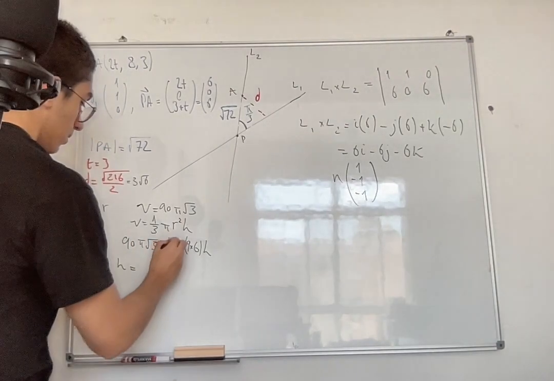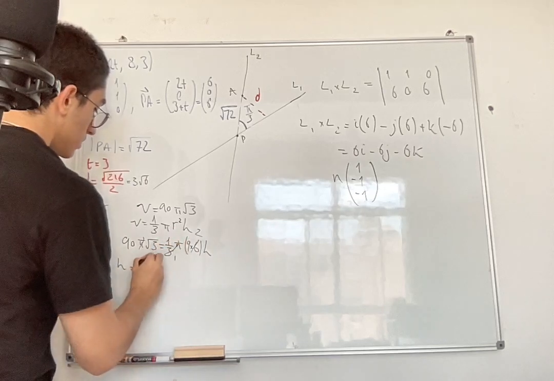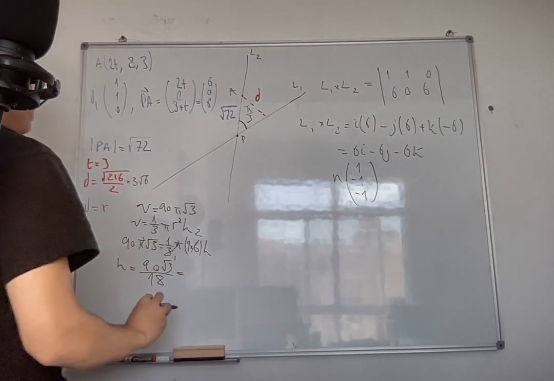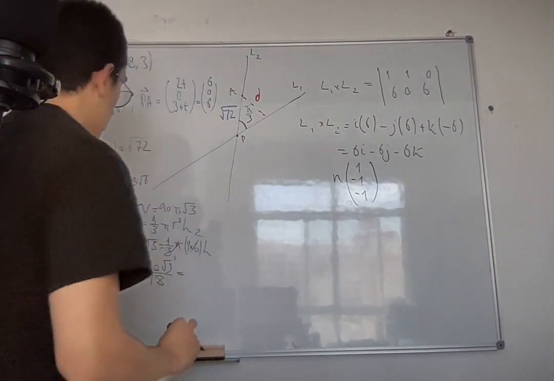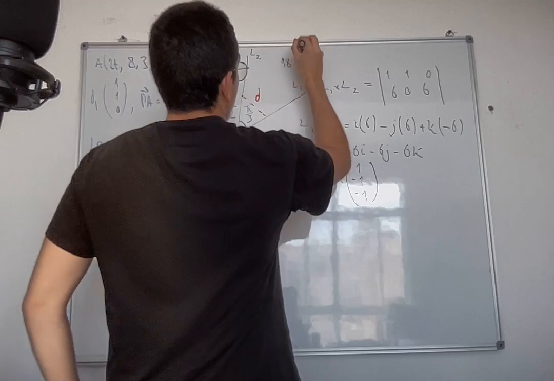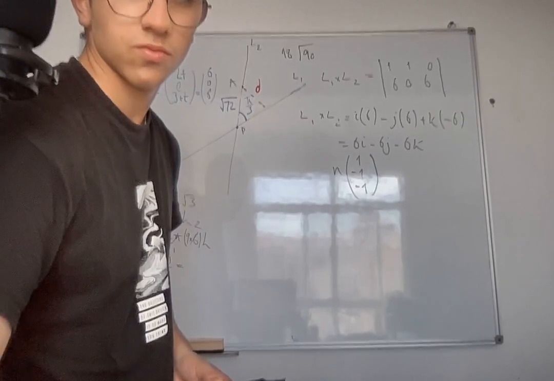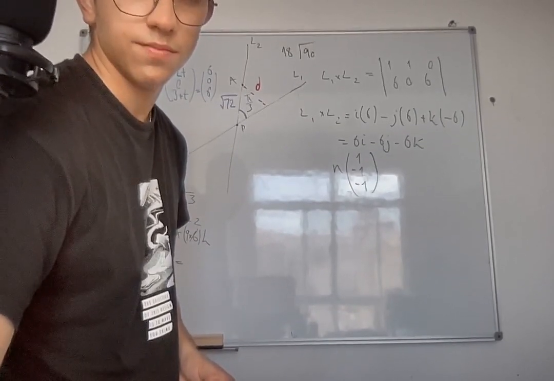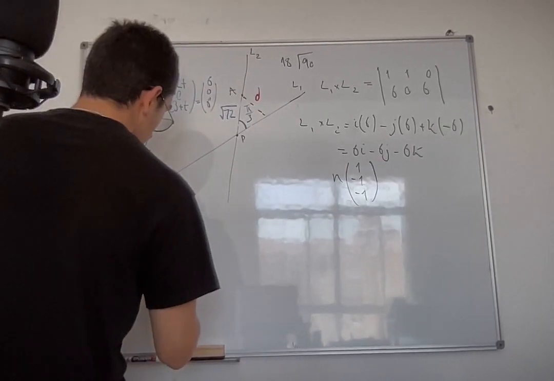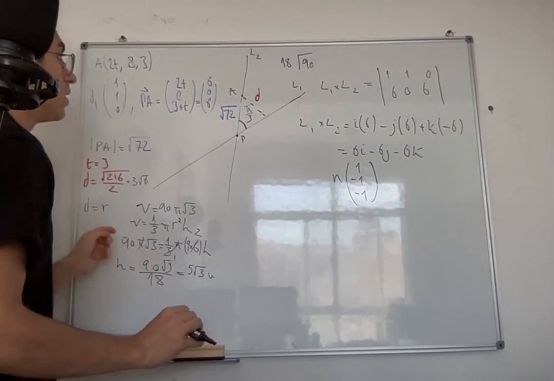The pi's cancel out, and you'll be left with h equals 90 radical 3 divided by 18. So 90 divided by 18 is 5. So 5 radical 3 units. Alright, so that's the height.